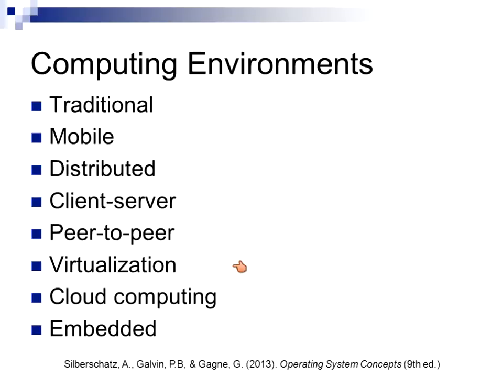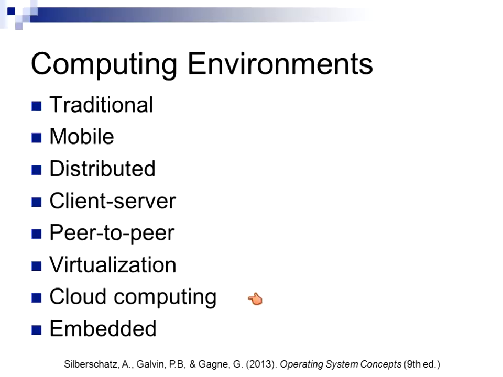And then we have things like virtualization environments where, for instance, if I have a Mac computer, I can run a Windows environment on my Mac so that I could run things like Microsoft Word and so forth, and that's called virtualization. We're all getting into cloud computing environments. You might save the things from your smartphone on the cloud, for example, or use the Google Cloud or the Amazon Cloud.